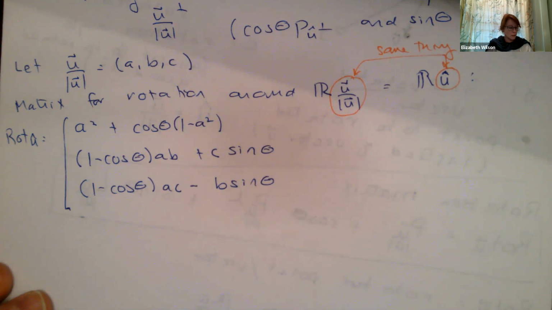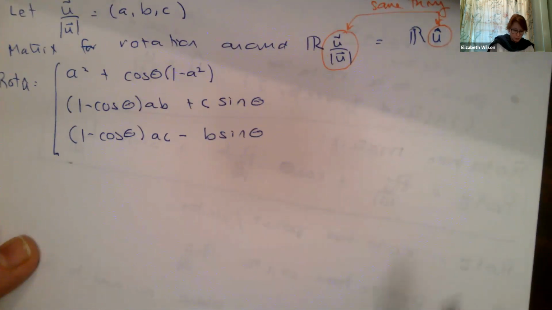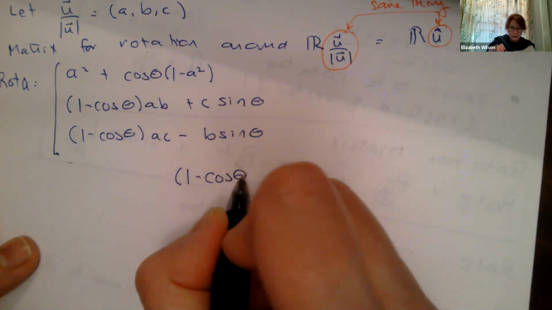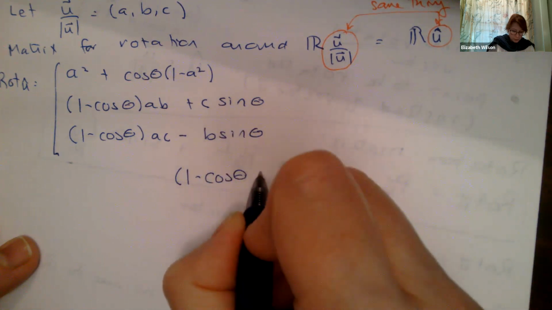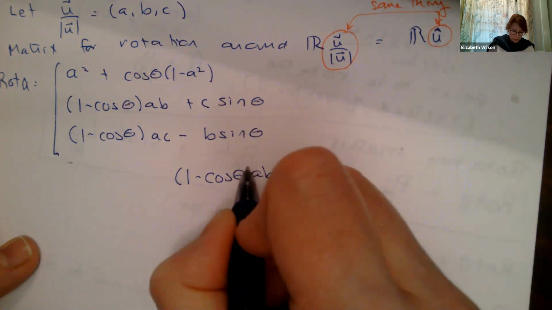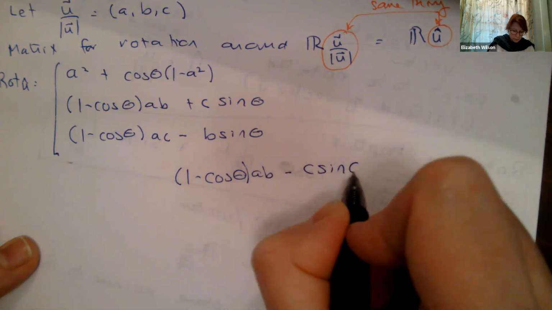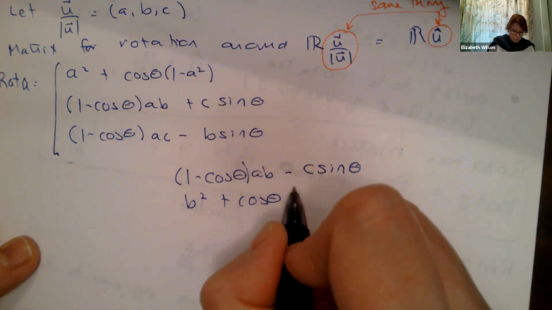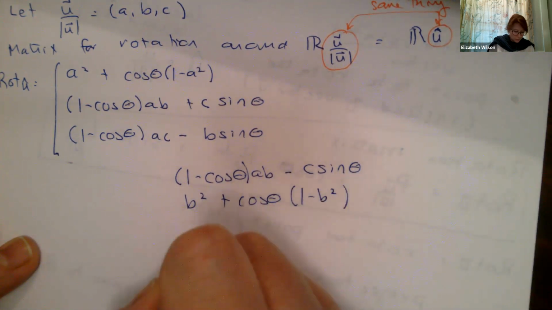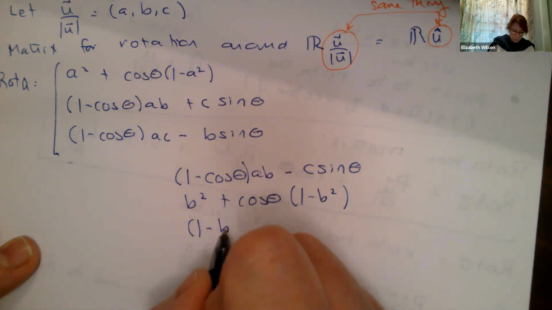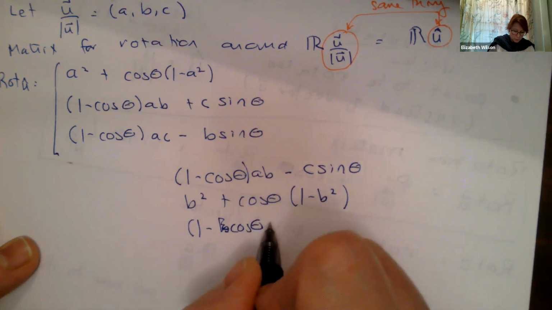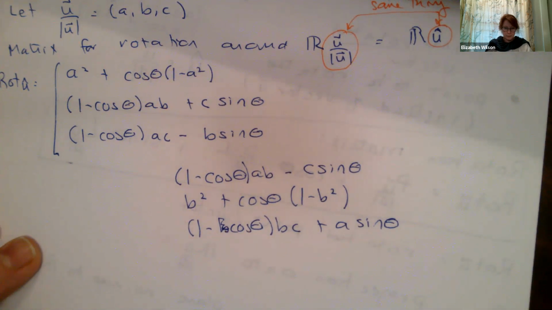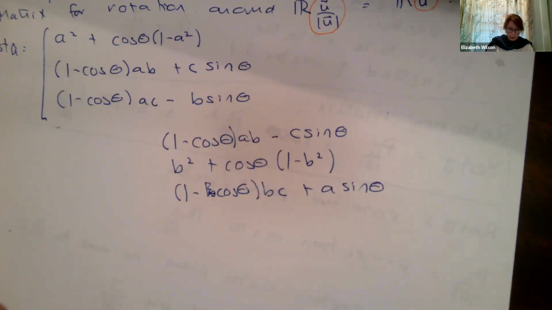My third column I'm going to write down a little bit below that just so I have room. I just don't have room on the paper to write them all out across. That's my second column, and my third column I'm going to write down here.